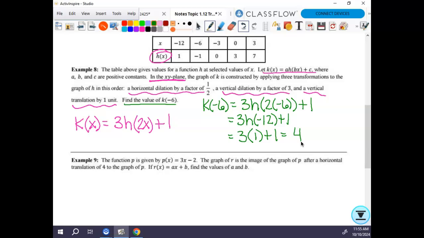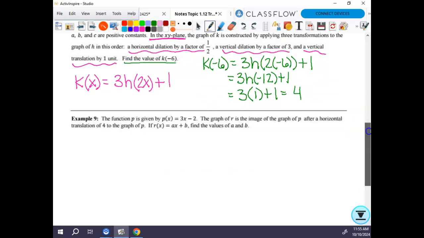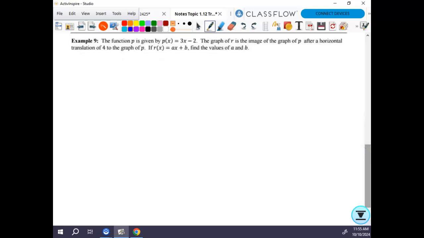We good? All right. So last one, the function p is given by this equation, and the graph of r is the image of the graph of p after a horizontal translation of 4. And here's r. Okay, so those are both equations of lines. That's really kind of irrelevant. We're still just going to treat this as we do for any transformation.